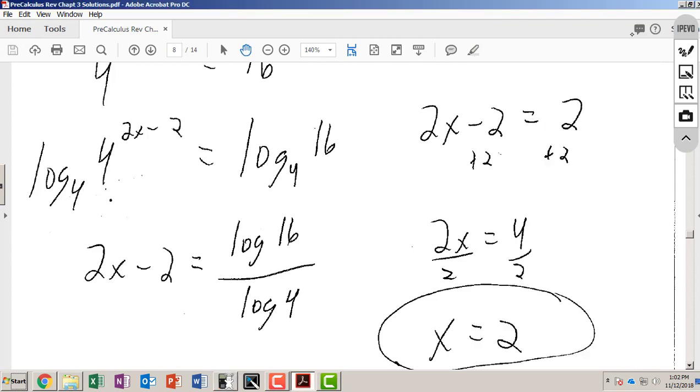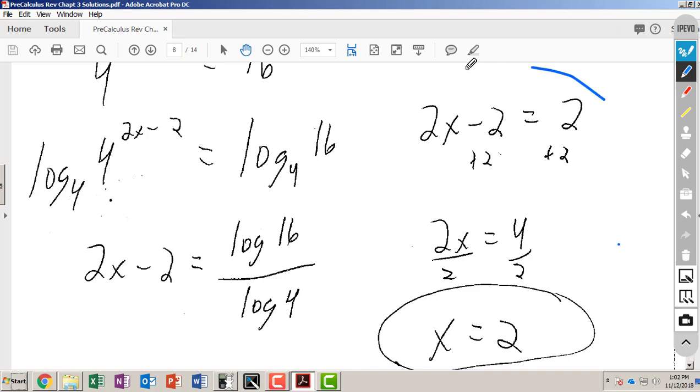Now you're back to some algebraic parts. You've got 2x minus 2 equals 2. So I add 2 to both sides, getting rid of my minus 2. I get 2x equals 4, and I divide both sides by 2. You get x equals 2 as your answer.